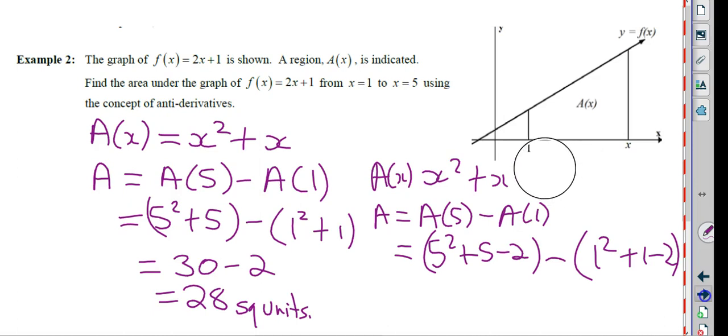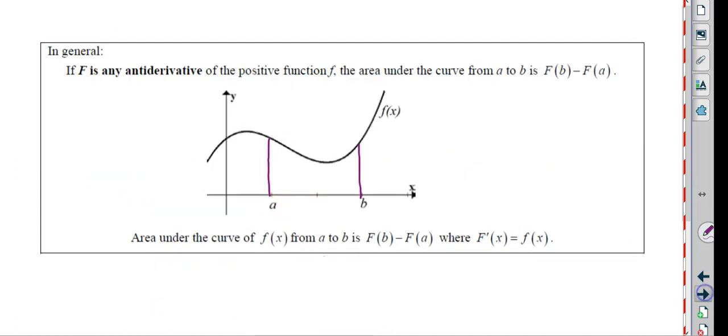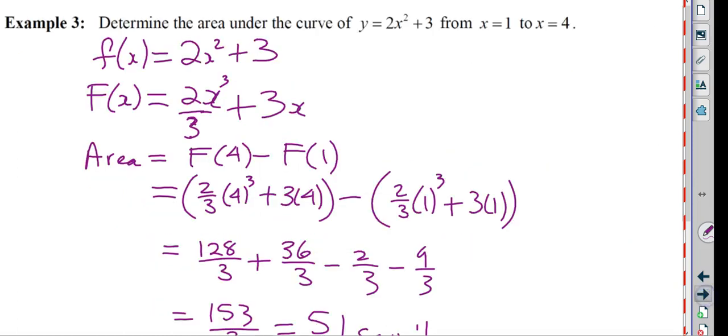If it's some arbitrary constant c, still going to work because you add it on here, you subtract it off there. Oh, sorry, this is a plus c. Yeah, it's still the same. So plus c minus plus c. Okay. So what you add on, you subtract off.